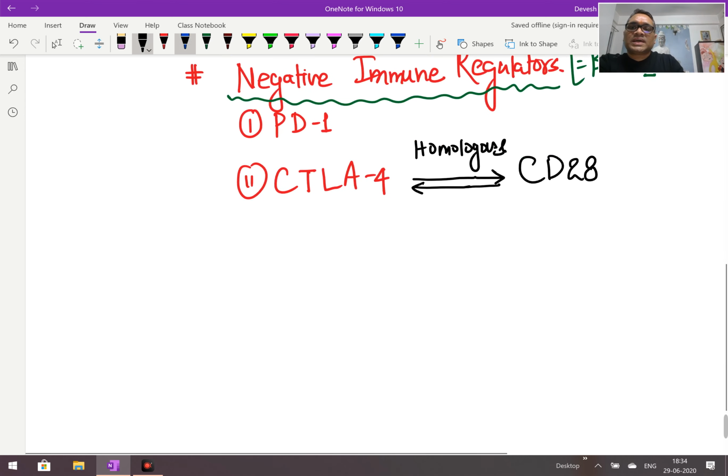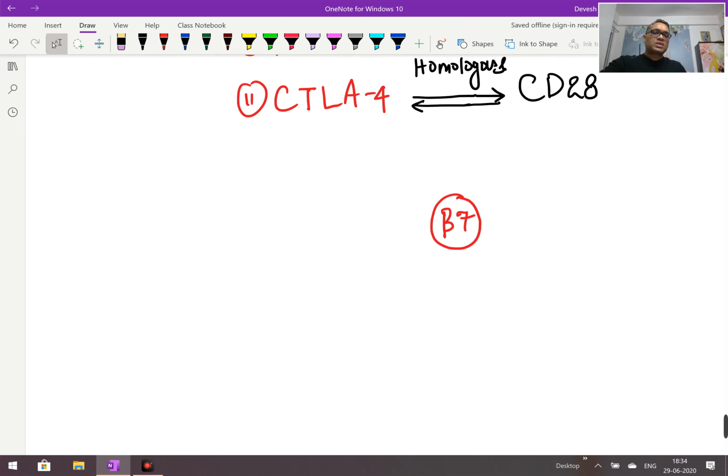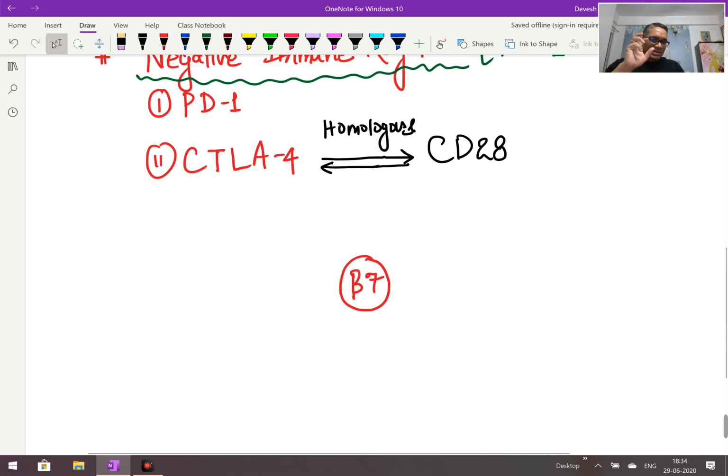When it is time to combine with the B7 molecule, this co-stimulatory molecule present on the antigen presenting cell. You remember, just now I told you B7 molecule is present on the antigen presenting cell. These are the co-stimulatory molecules. So when we talk about the binding with this B7 molecule, you should remember that CTLA4 has more affinity than CD28.